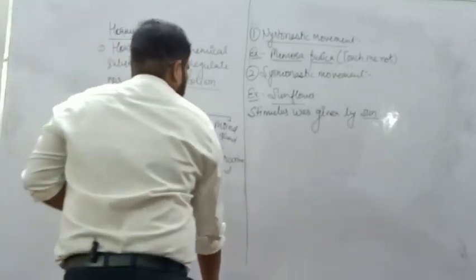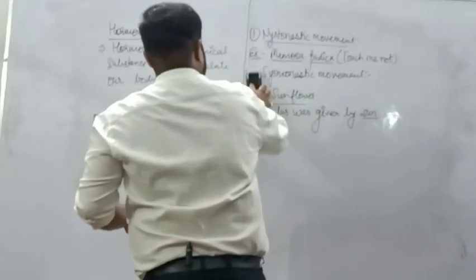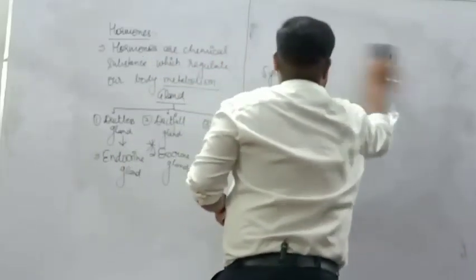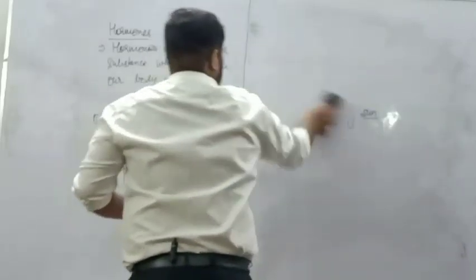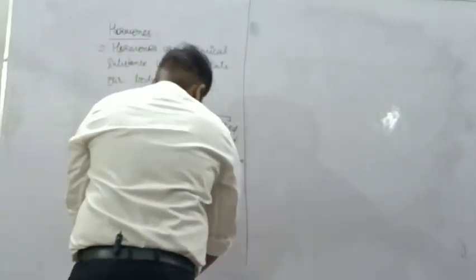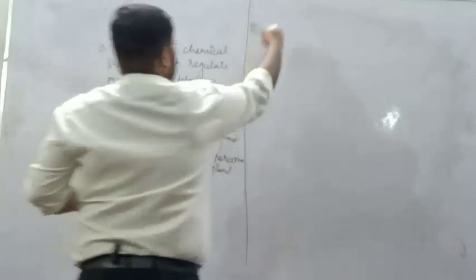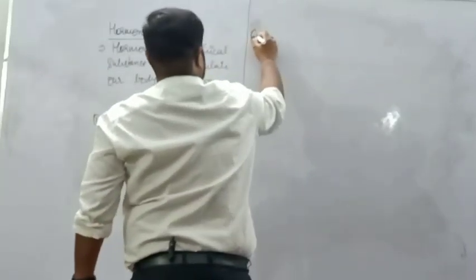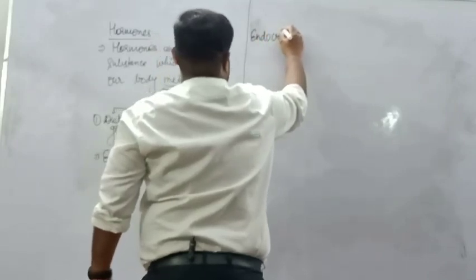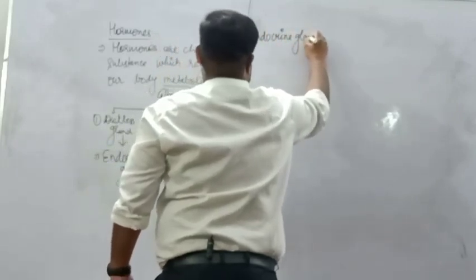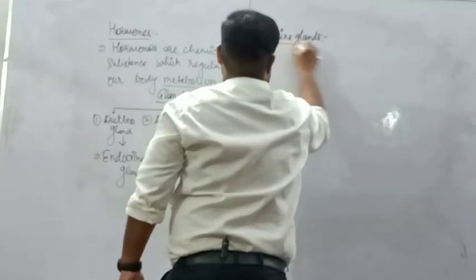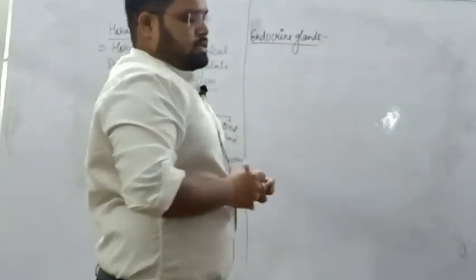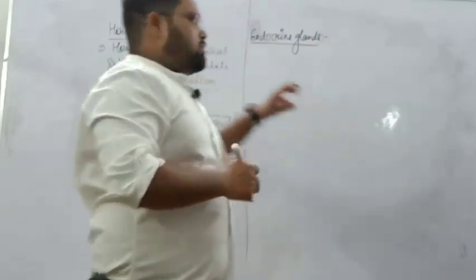Now some glands of endocrine and heterocrine. Now see here. First, some examples of endocrine gland. What are the glands in your syllabus? First to know about those glands.